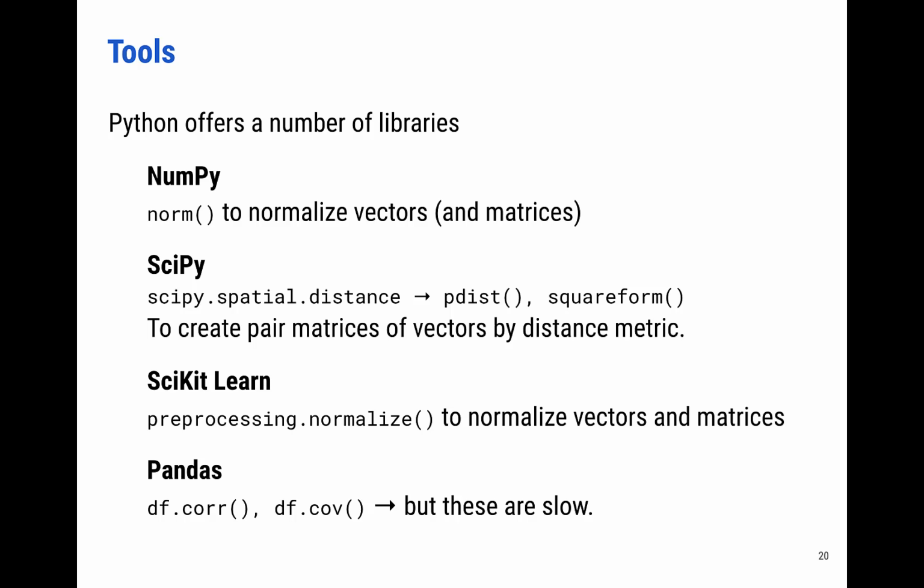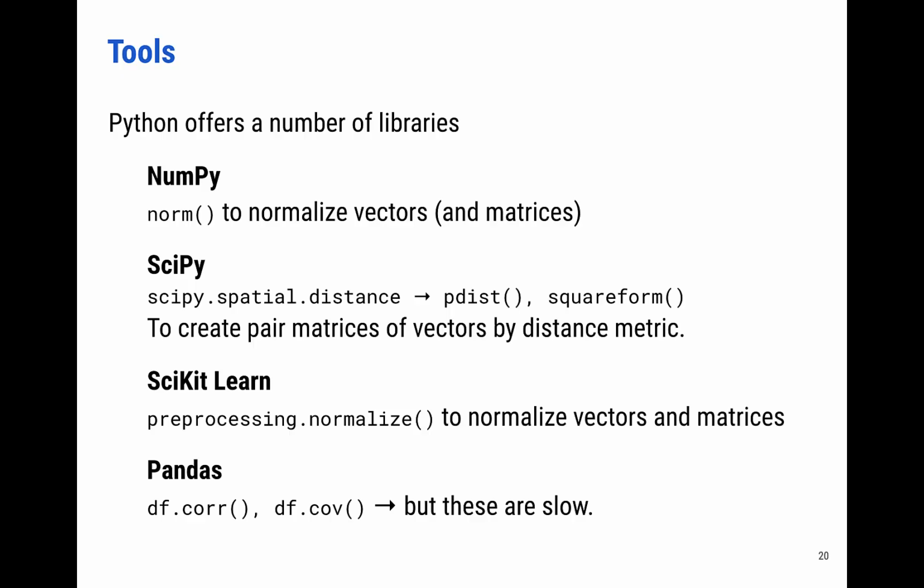A very useful set of functions is pdist and squareform from SciPy. So SciPy has a distance library that gives you all kinds of distances. If you go to the help page, you'll see that it includes the measures that I have here, plus a lot of others. Squareform is an important function that you need to convert the results back into a matrix form. But we'll look at these in more detail.